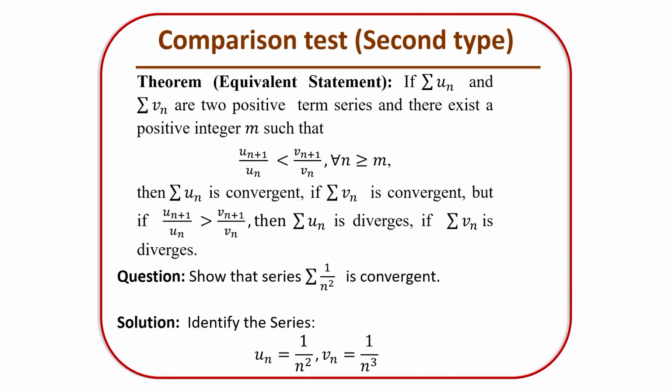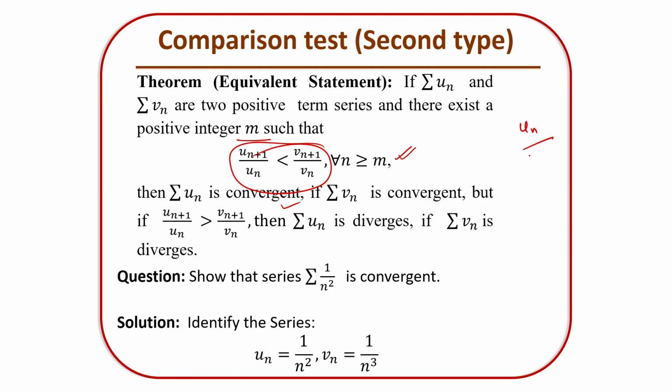Now what is the equivalent statement? We can write in other words, if two series un and vn of positive term series, there exists a positive integer m such that un plus 1 divided by un is less than vn plus 1 divided by vn for every n greater than or equal to m, then un is convergent. Here we have changed the inequality because we have changed the ratio in the first statement.